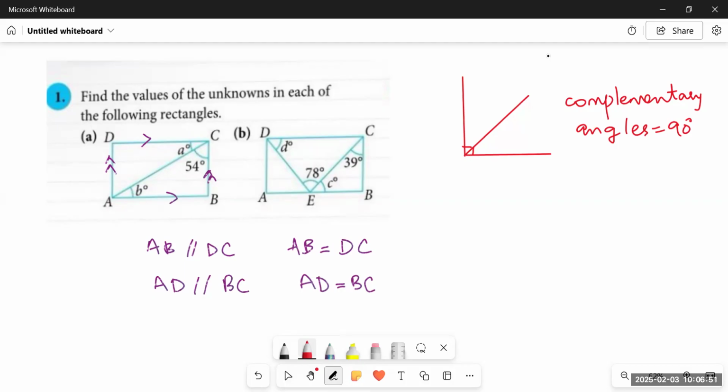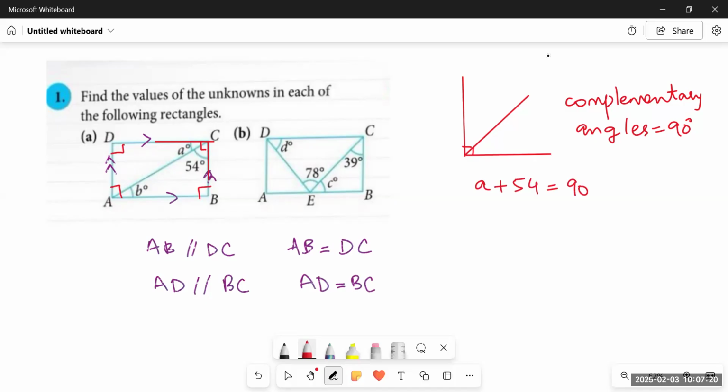So if we look at this corner of the rectangle, that is DCB, here we can see we have a right angle and it has been split by a diagonal line AC. It means the sum of the two angles, that is angle A and 54, would be 90 degrees. So we can make an equation like A plus 54 is equal to 90 degrees, because we know all four angles are of 90 degrees.